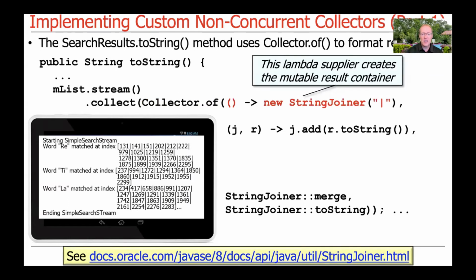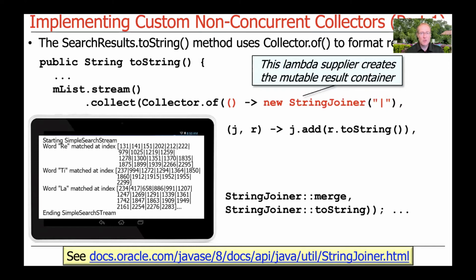So let's take a look at the different parameters that we're passing to this collector factory method. And this is going to be creating a custom collector that's going to make ultimately a string where all the indices will be separated by vertical bar. So the first thing we're going to do, this is the supplier lambda expression, is we're going to make ourselves a lambda expression that will create the mutable result container.